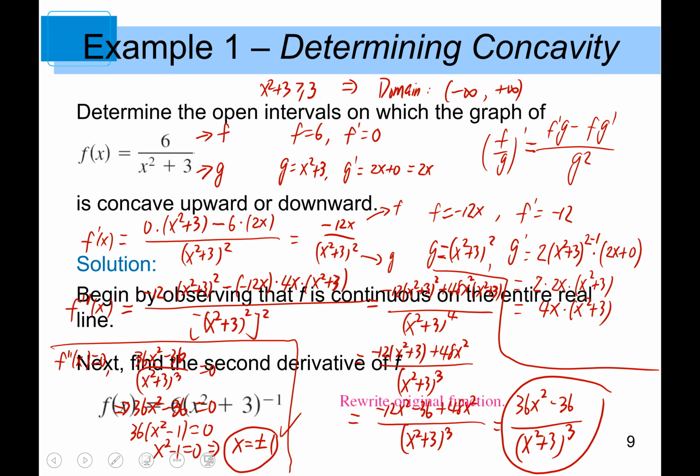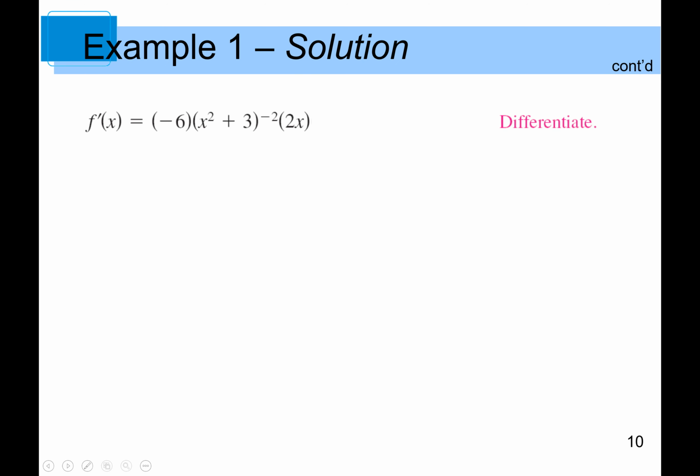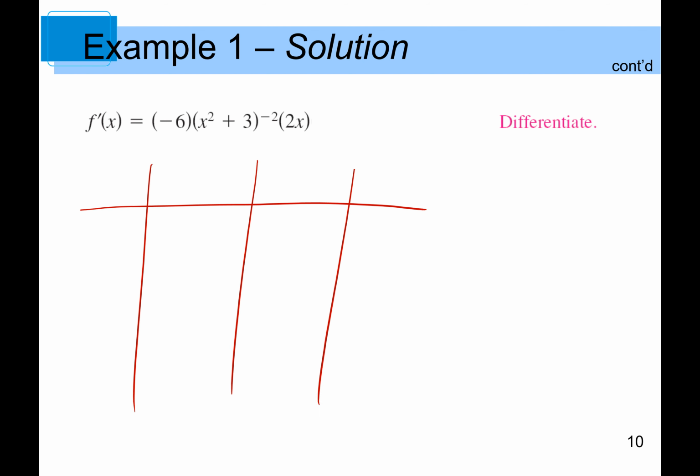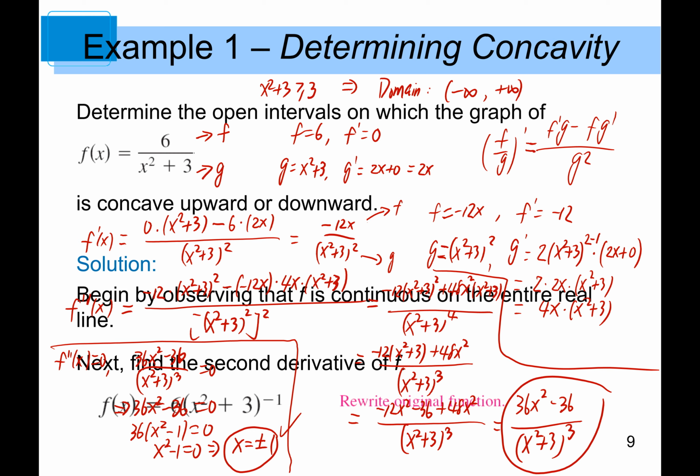Once you have that, then we can start to create a table and then start testing, right? So we're going to create a table. So start with the test interval. From negative infinity, the x values are plus or minus 1.